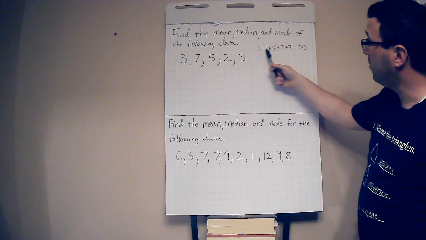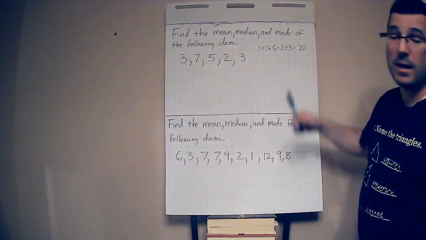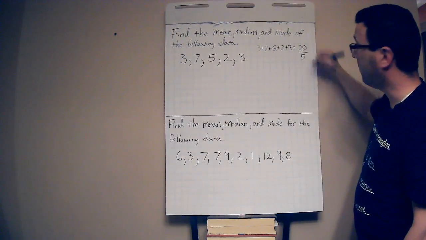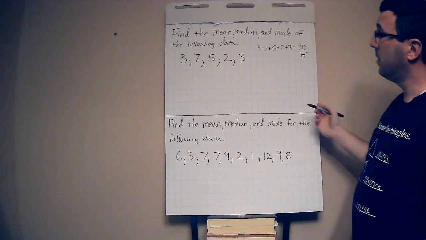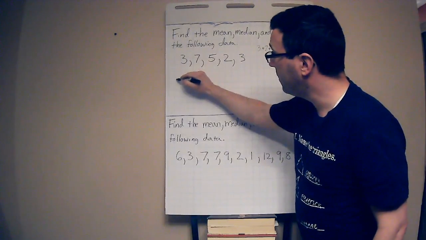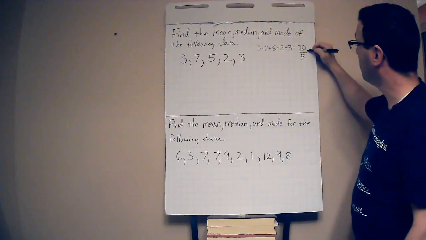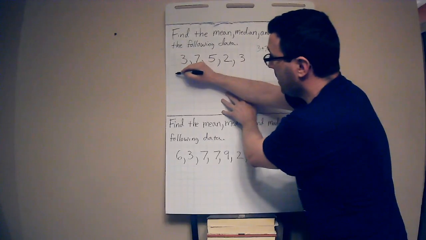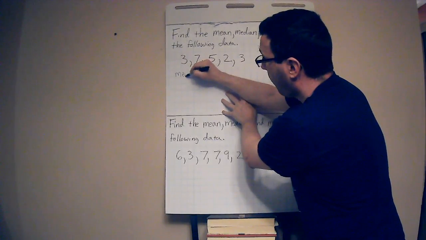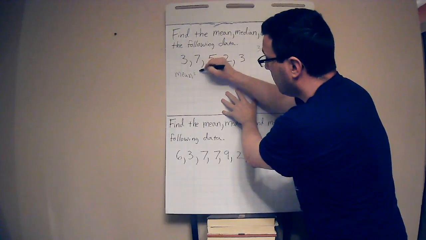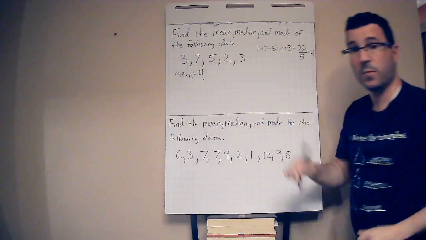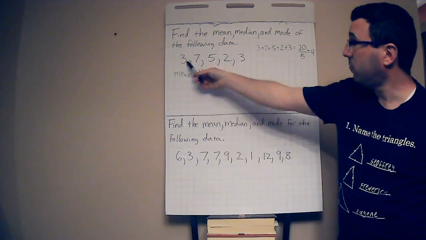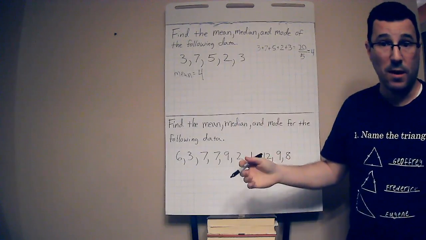We have 1, 2, 3, 4, 5 numbers. So I'm going to take that 20, divide it by 5. 20 divided by 5 is 4. So our mean is 4.